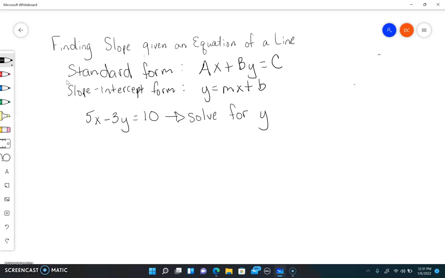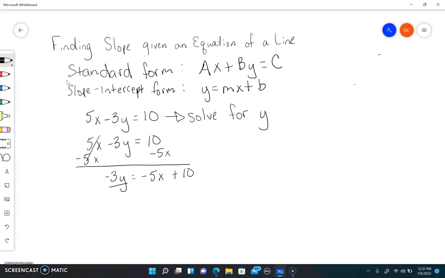Okay. And so when I do that, 5x minus 3y equals 10 is how I start. I'm going to subtract this 5x on my left and right side of my equal sign, right? What I do to one side, I have to do to the other to keep it a nice balance. So I have -3y is equal to -5x plus 10.